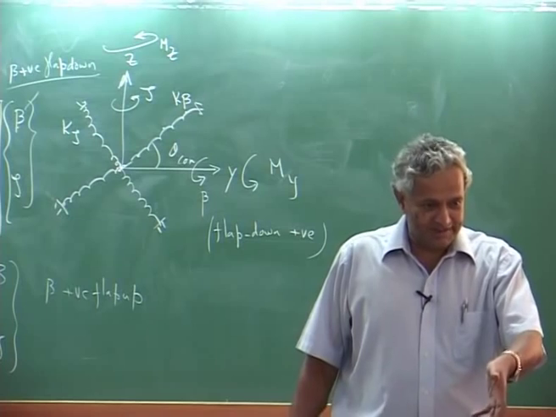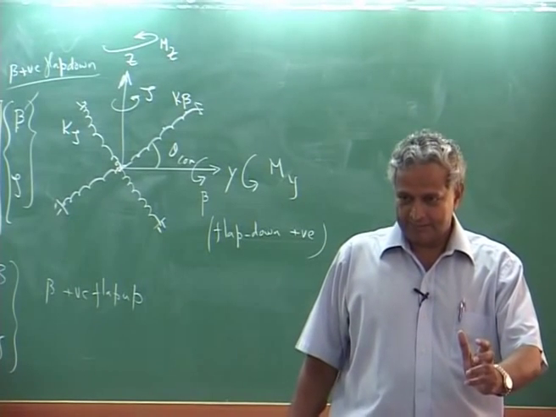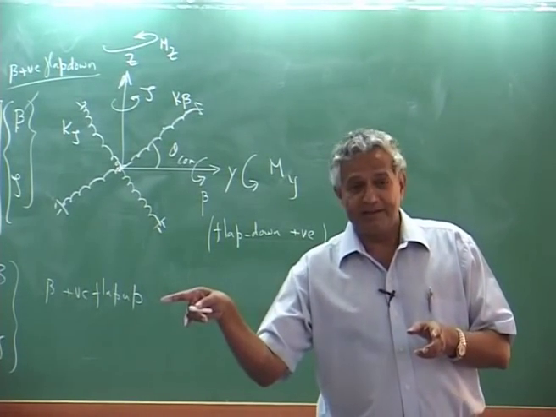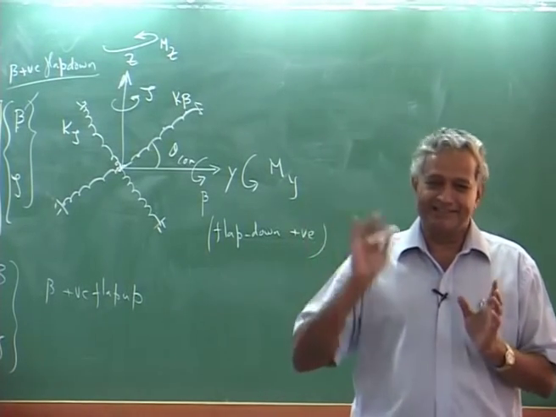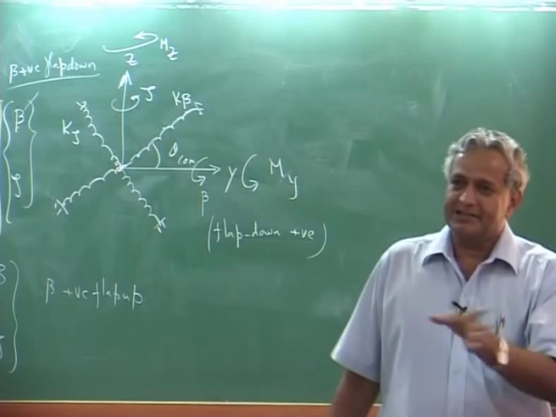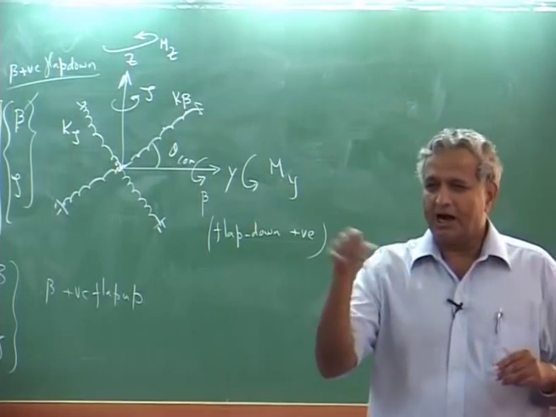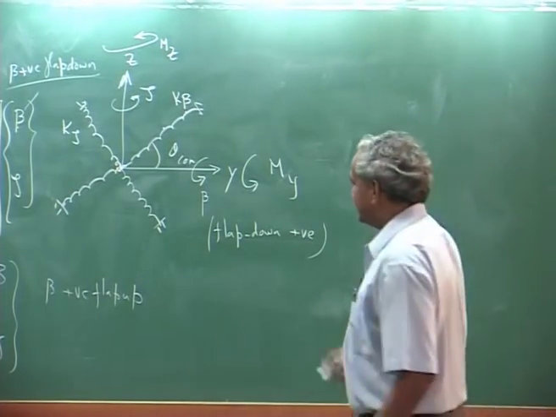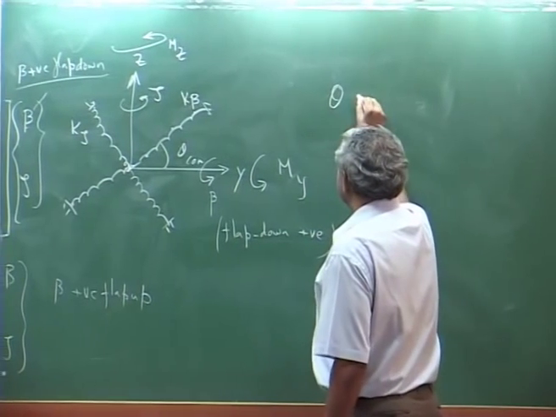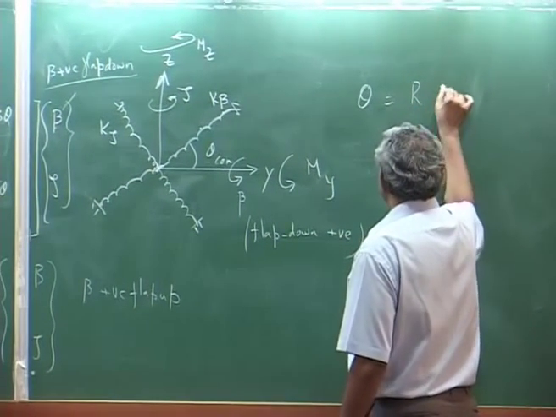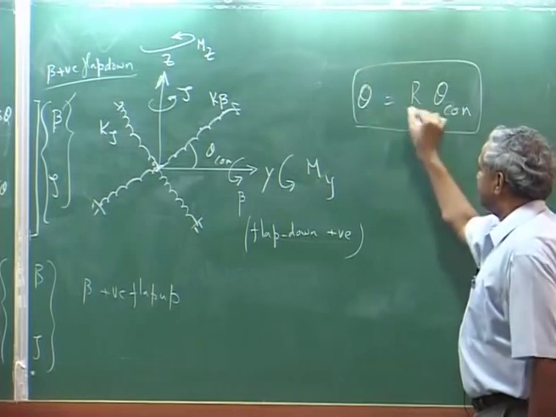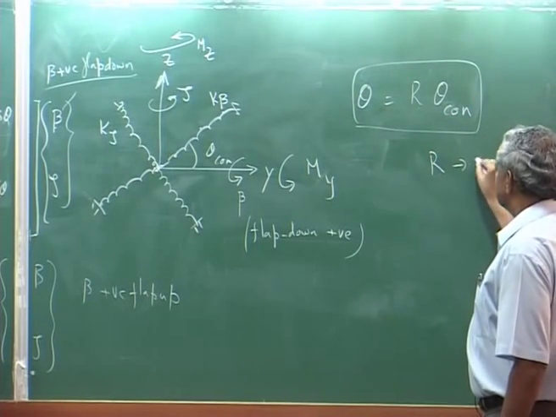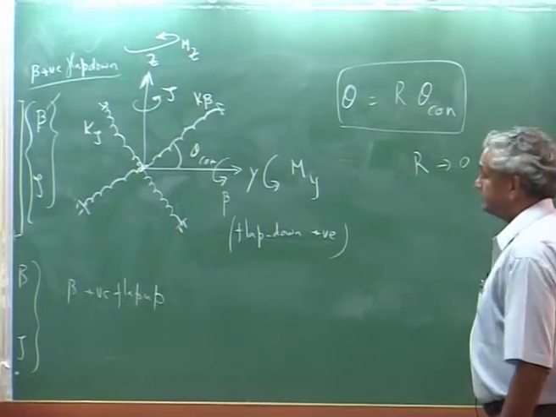That means I give a pitch angle of theta, but the spring assembly does not rotate through the same angle, it rotates slightly less than that. So that is the coupling. What they did was they put a parameter r. So theta is r times theta control. This r can be from 0 to 1.